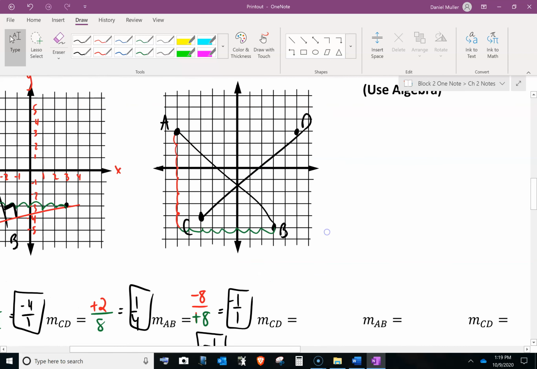Okay, let's take a look at CD. So I'm going to do C here. 1, 2, I was going to use the red here. 1, 2, 3, 4, 5, 6, 7, 8. Nope, 7. 1, 2, 3, 4, 5, 6, 7. Yeah, 7. And then 1, 2, 3, 4, 5, 6, 7, 8.